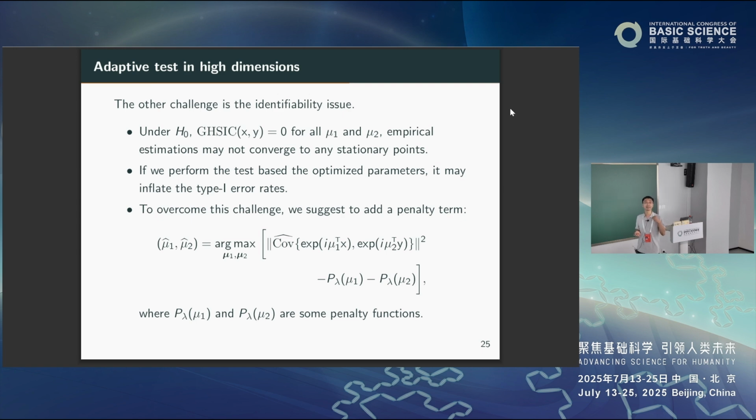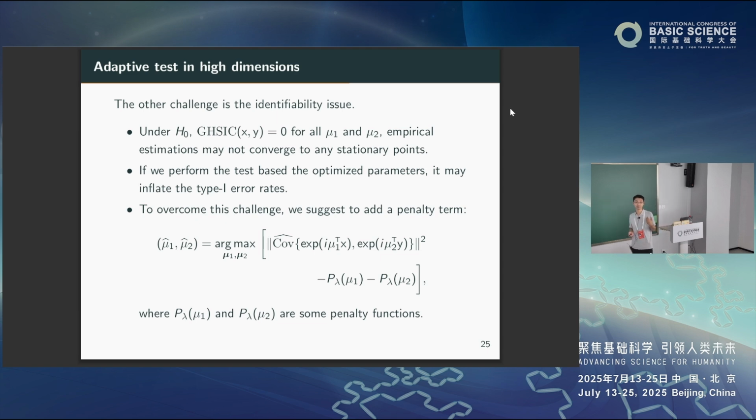So under the null hypothesis, if we optimize the sample level generalized HSIC, the estimation will not converge to any stationary points, because any choice of mu1 and mu2 will converge to 0. So if we perform the test based on the optimized parameters, it may inflate the type 1 error rate.